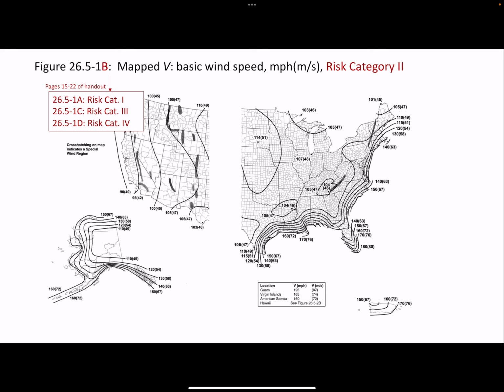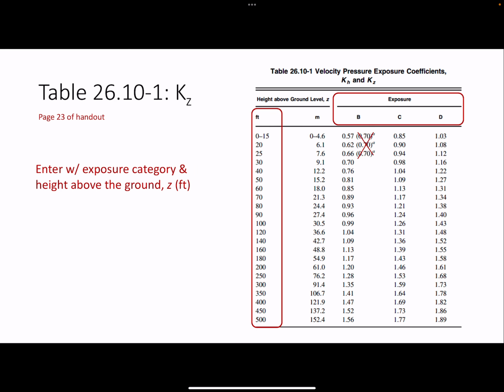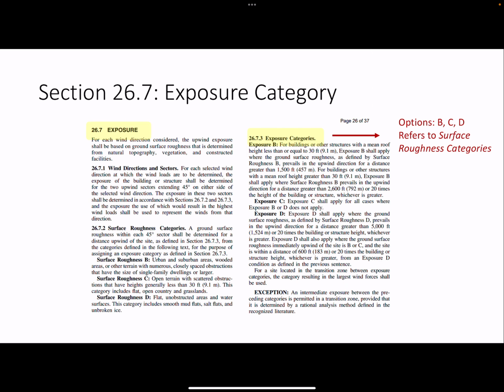That's pretty standard throughout the standard. Wherever you see values in parentheses, it's just the metric equivalent, so you can ignore that for this class. That's similar in this table as well. I've crossed out the metric versions for KZ, but we want to enter with height in feet and then exposure category. So now we'll talk about exposure category.